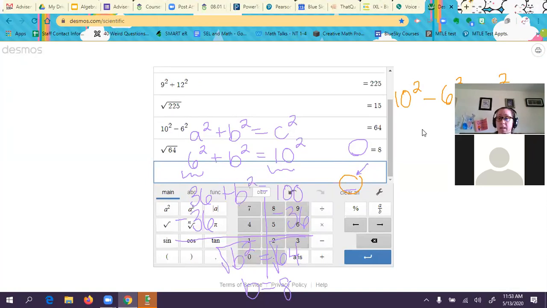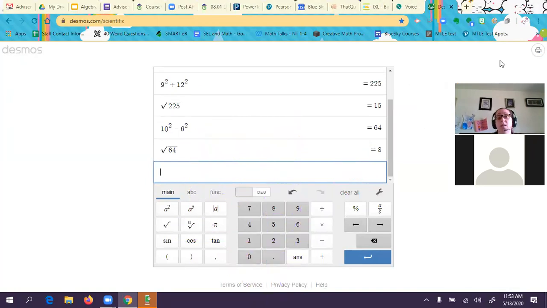Okay, so again, I know, right? It goes a lot faster. So here was our triangle. We had a hypotenuse of 10, a leg of 6, and we were missing the other leg.